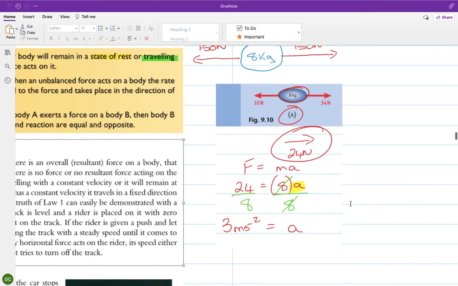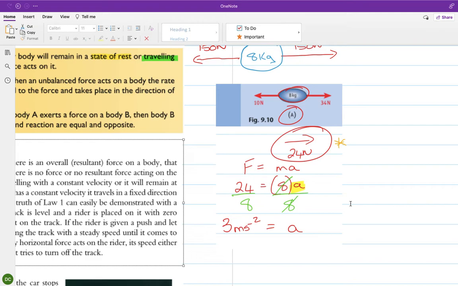In this situation we had an unbalanced force, a resultant force because it was unbalanced. So overall we did have an acceleration. We did have an unbalanced force, and as a result we had an acceleration.